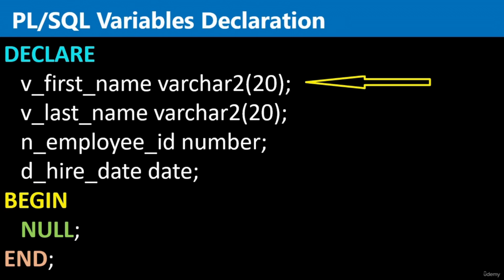When you declare a variable, you can also explicitly add a length constraint to the data type within the parentheses. So here I've added a constraint of 20, which means the length of the variable cannot be more than 20.